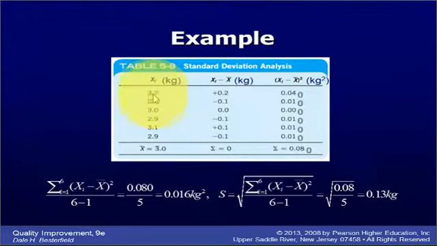So for example, 3.2 is 0.2 away from our average. And 2.9 is 0.1 less than the average. So why are we using the square here? It is because it gives us a positive number for each distance.